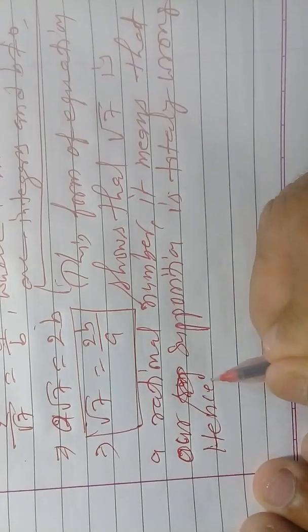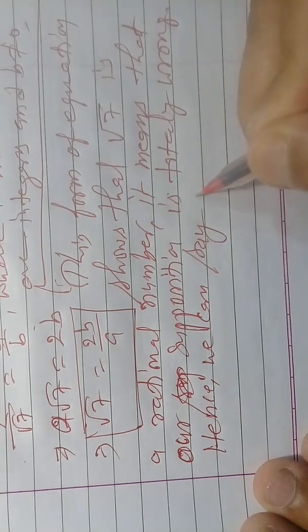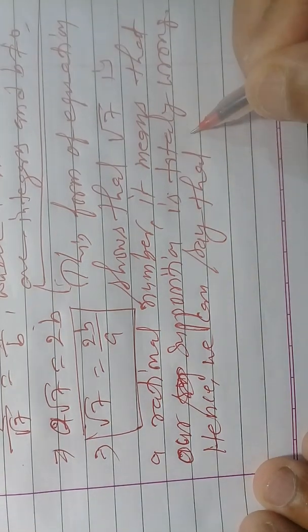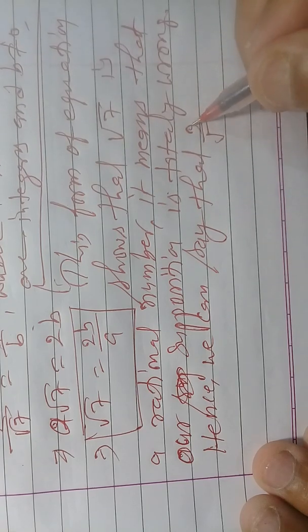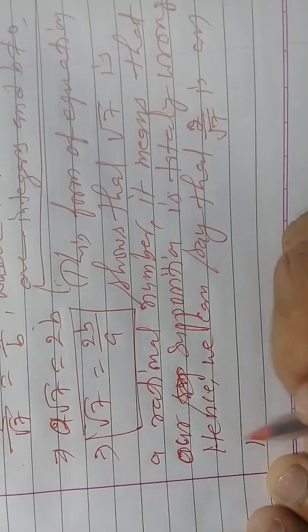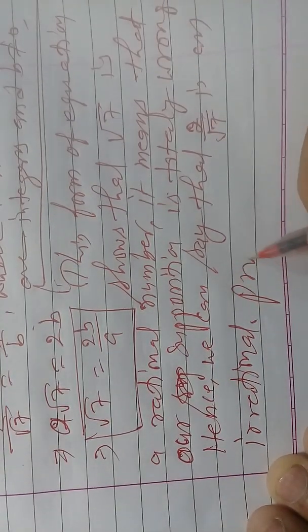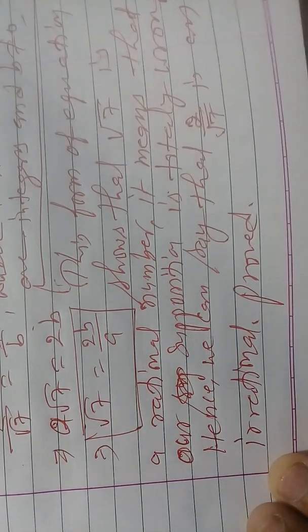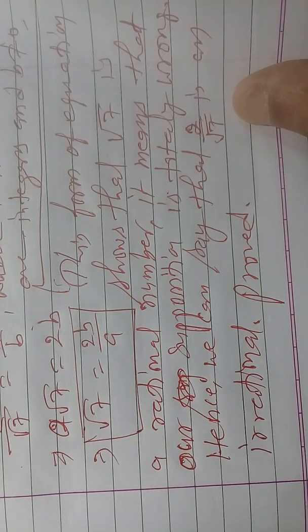Hence, we can say that 2 by root 7 is irrational. Proved. It's complete.